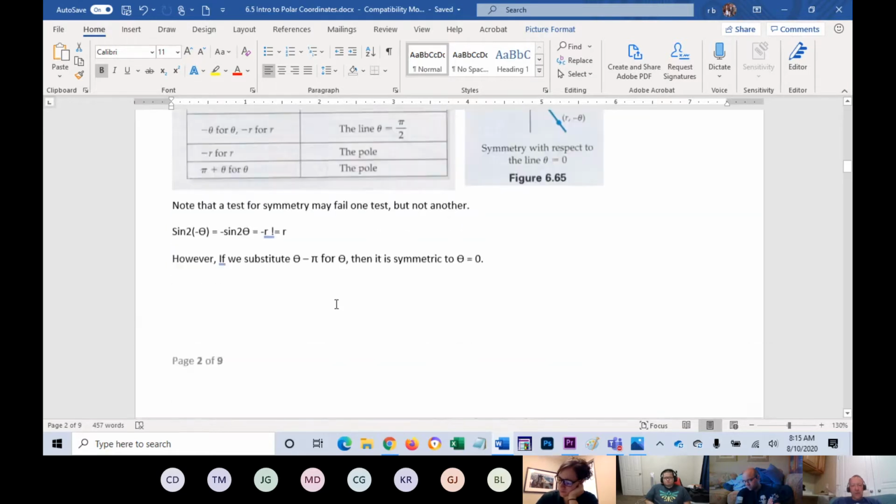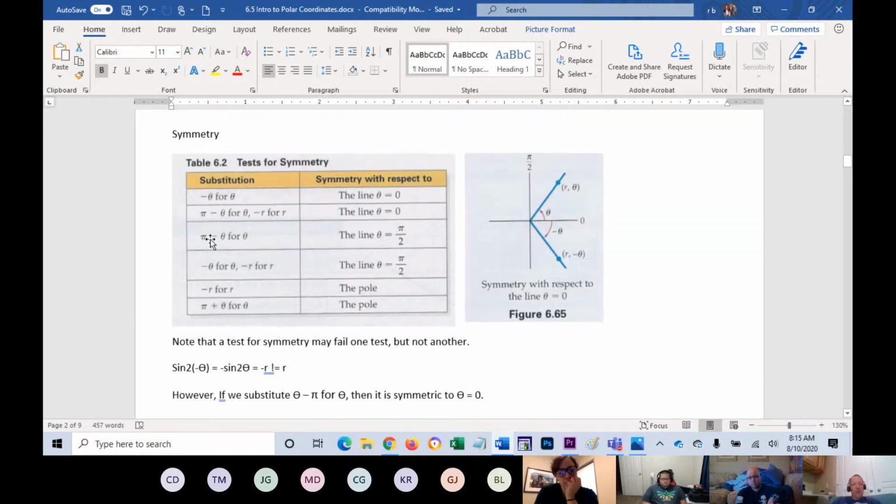I've got some graphs here I'll show you in just a minute. If you can substitute theta minus pi for theta, that can show symmetry with respect to pi halves. Remember, this is 0, this is pi halves, this is pi, this is 3 pi halves.